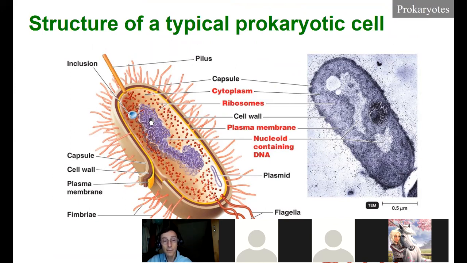And then inclusion bodies are things that the cell has brought into the cell or made in the cell, and they accumulate in one region of the cell.